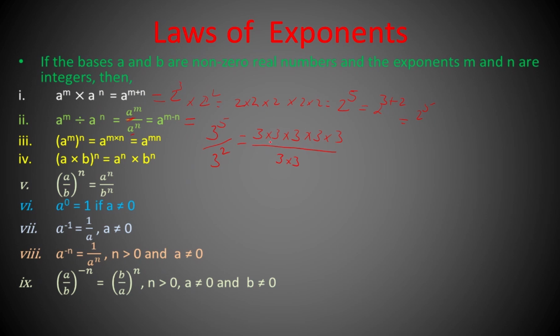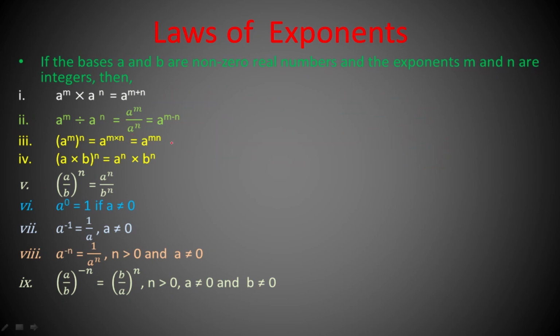Since we have two 3's in the numerator and denominator, they simplify, so we are left with three 3's. This means 3 to the power of 5 minus 2, which is 3 to the power of 3.